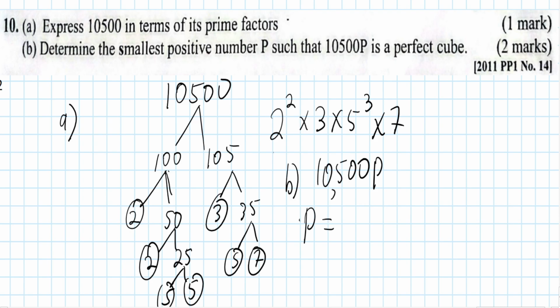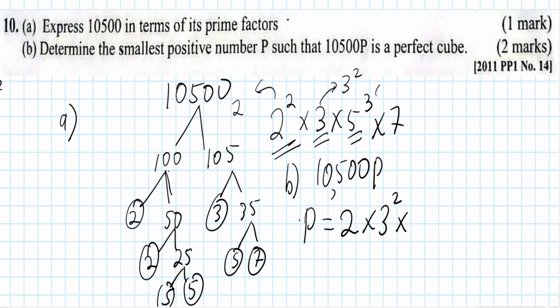So if you look at 2 squared, how much do you need to give you 2 cubed? You just need 2, right? For 3, you need only 3 squared. For this one, you just need only 2 for it to be 2 cubed. This one, obviously, you say 3 squared.